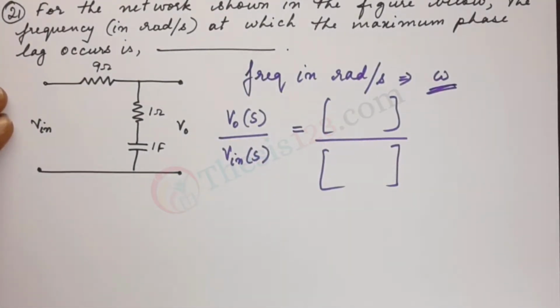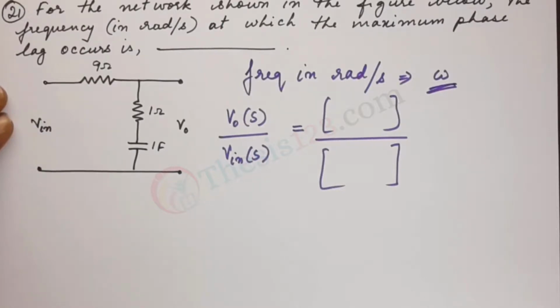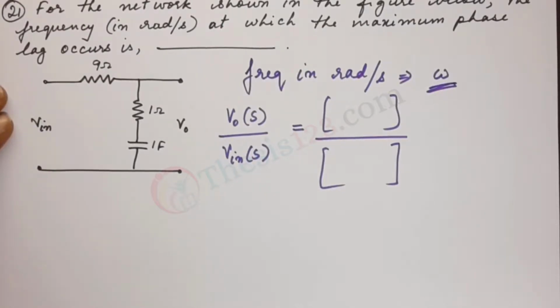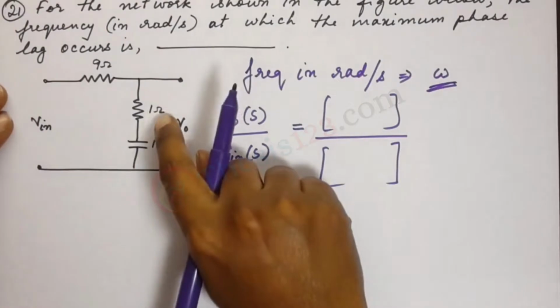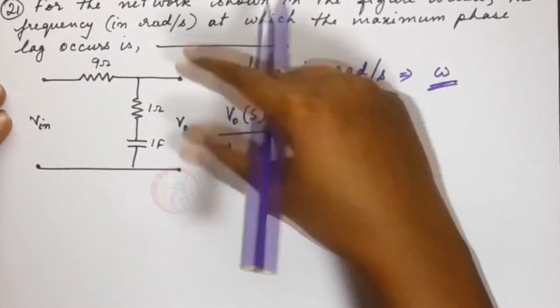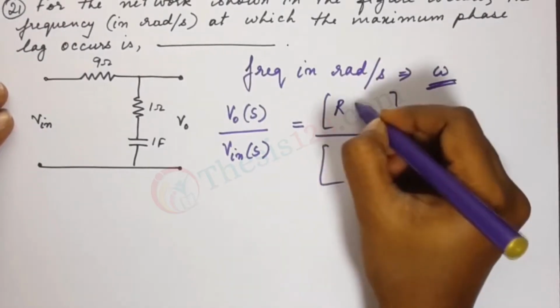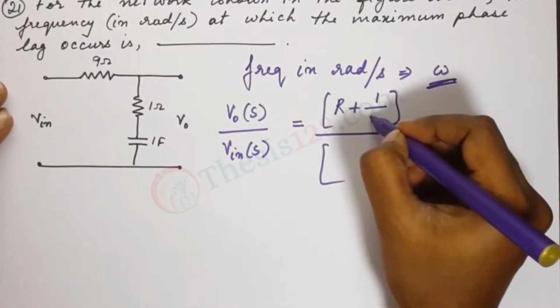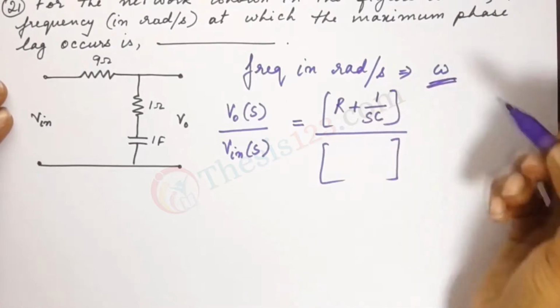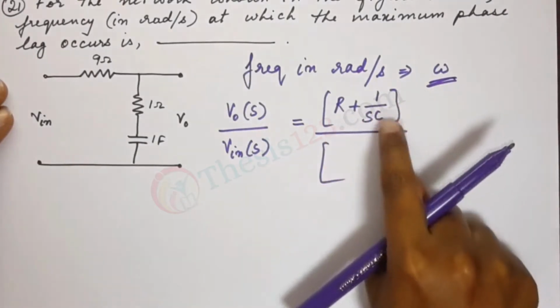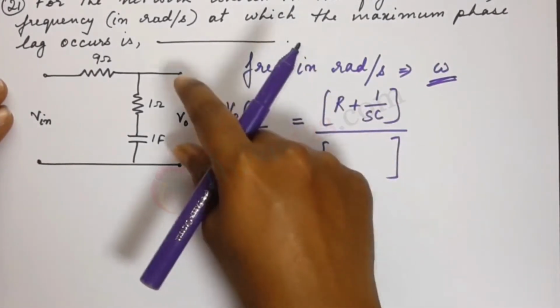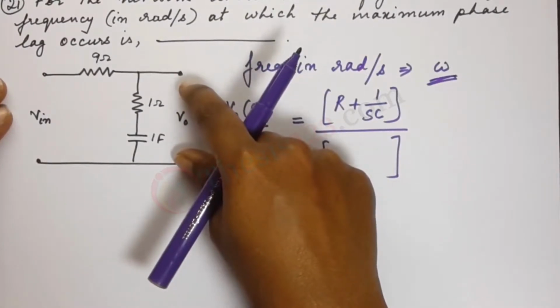The output here is based on the resistance and the capacitance here. So resistance, it's across this, and we need it in terms of S. So that is R plus 1 by SC. So that is across the output here.